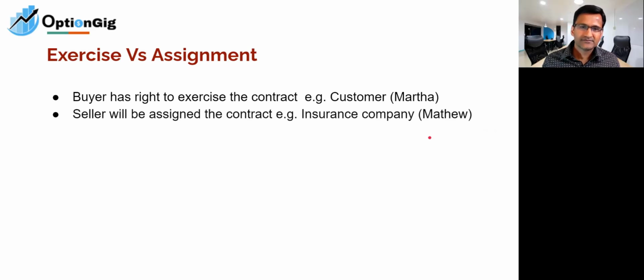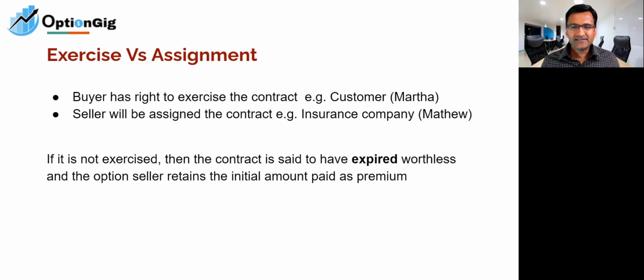The seller will be assigned the contract. They have an obligation to perform as per what they agreed in the contract once that contract is assigned to them. So these two terms you would hear are exercise and assignment. If you are buying an option contract, you go through the exercise process. If you are selling an option contract, you have to keep in the back of your mind when you can get assigned the contract.